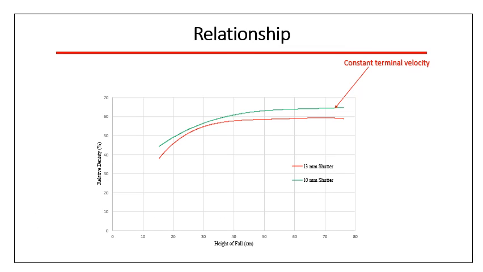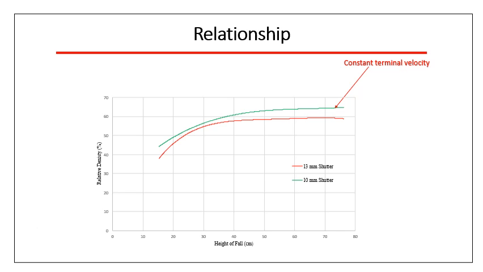So with the help of calibration, the relationship between relative density and height of fall is obtained for the shutter having hole sizes of 13 mm and 10 mm respectively. As you can see, initially the relative density increases with increased height, but after reaching a certain height the relative density becomes constant.